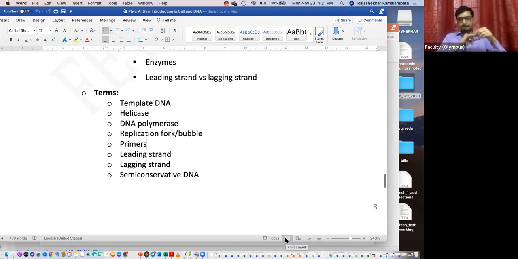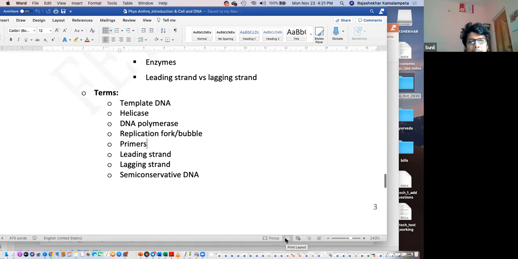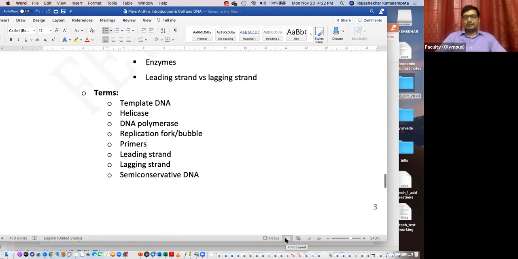Okay, good. Sir, one question. The leading is formed continuously and the lagging is formed in parts. So is there a time gap between them for the ultimate cell duplication? To my knowledge, both have to happen at the same rate, because unless the whole DNA is made, the cell cannot continue, because they have something called checkpoints to ensure that this is done.